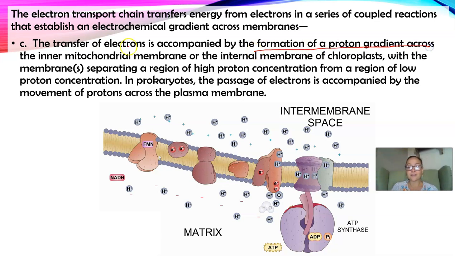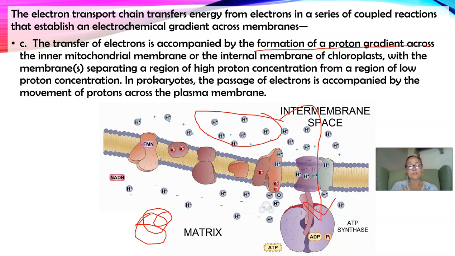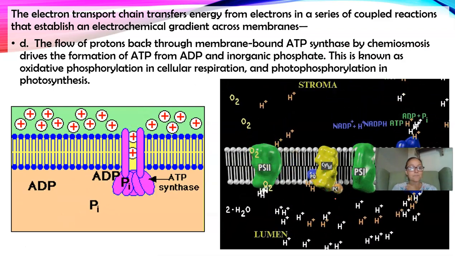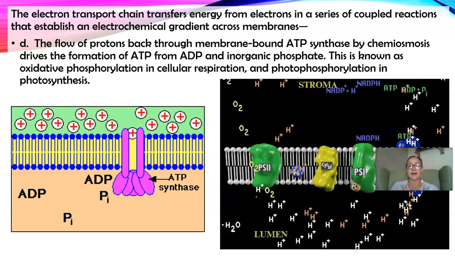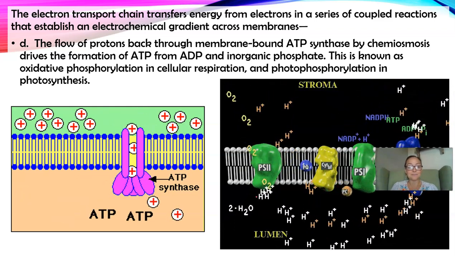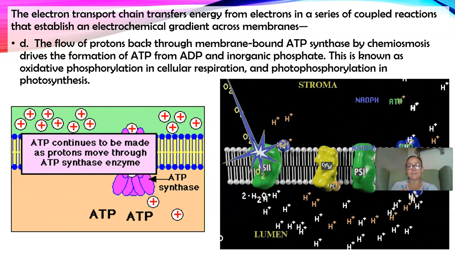It forms the proton gradient across that inner mitochondrial membrane, which creates a high proton concentration compared to a low proton concentration. And that will allow for the diffusion of ions, or chemiosmosis, through ATP synthase, which will produce ATP. And so that flow of protons back through drives the formation of ATP from ADP and inorganic phosphate.